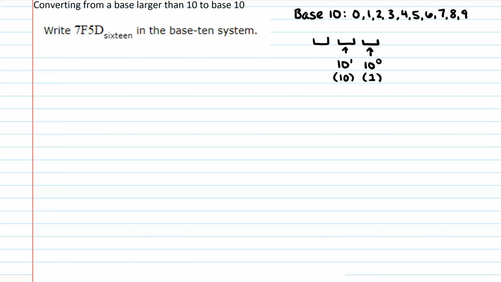And then your third digit to the left is 10 to the second power, which is 100. And we could keep going. So the fourth number to the left will be 10 cubed, which represents thousands. Okay, so each place holds a different value.